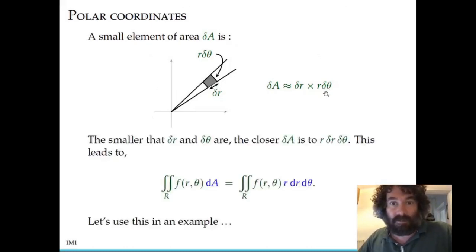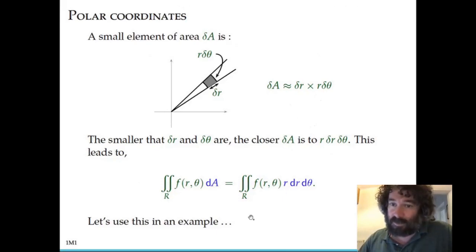And if we translate this into an integral, that means that the dA that we're going to use in the integral becomes r dr d theta. So this r d theta is coming from the fact that we have r times delta theta here, and then the dr just comes from this delta r. And so when we do integration in polar coordinates, we replace the area element dA by r dr d theta.